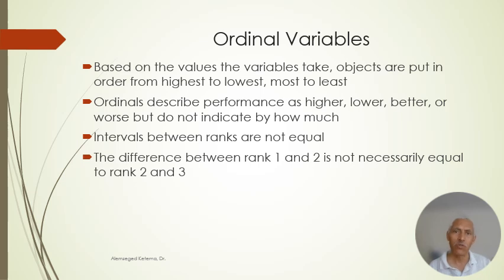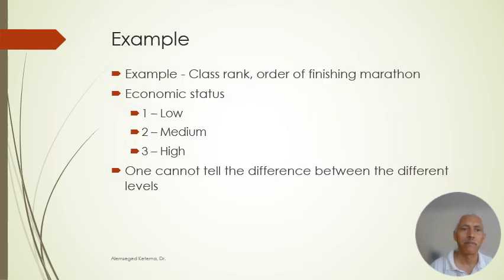Students who come out first, second, and third: the interval between the first and second may not be the same as the interval between the second and third. That means the space between them is not equal, but it gives them a rank. So it says first, second, third, but the space in between is not necessarily equal. Those kinds of variables are called ordinal variables.